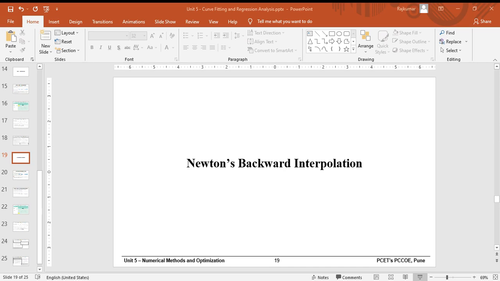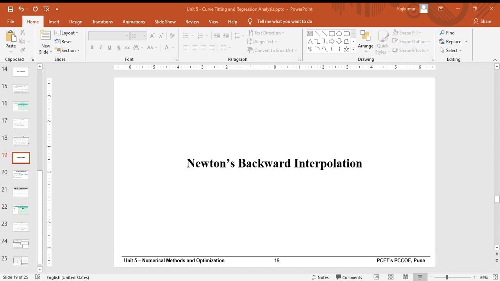When we look at this equation, it seems a bit similar to Newton's forward interpolation, and the above equation contains yn and backward differences of yn.